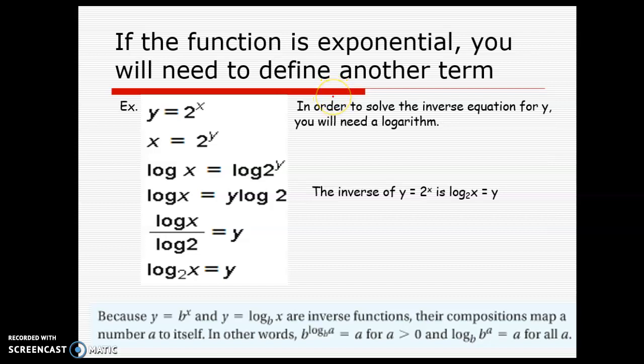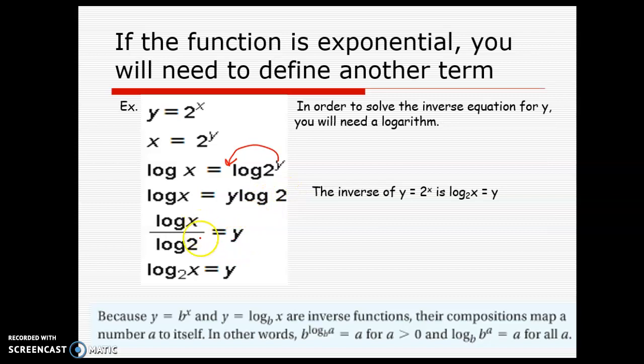If the function is exponential, which is where we are now, we're going to need to define another term. x equals 2 to the y when I switch these around. Only you're pretty much stuck the same way you were before. So what we're going to do is drop logs on it. You're going to bring in a logarithm. And then you bring y down in front of that, y log 2.